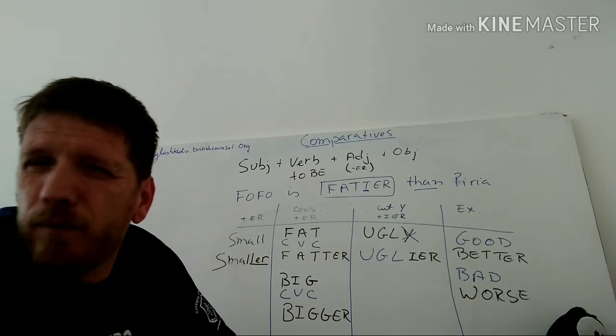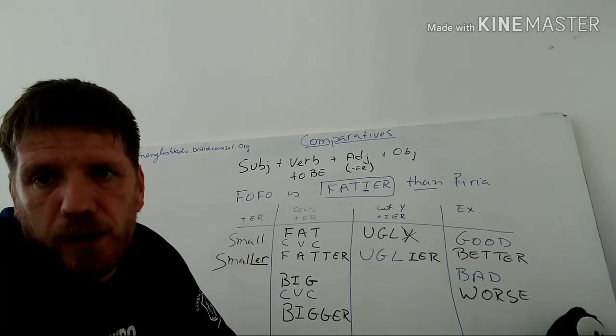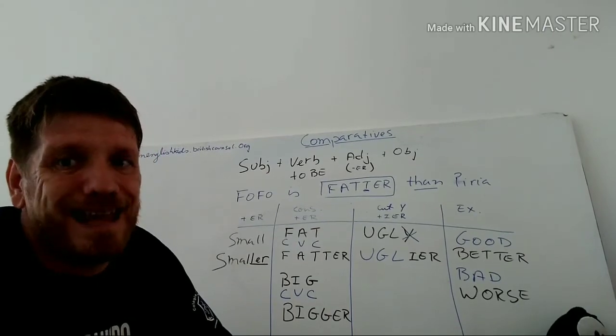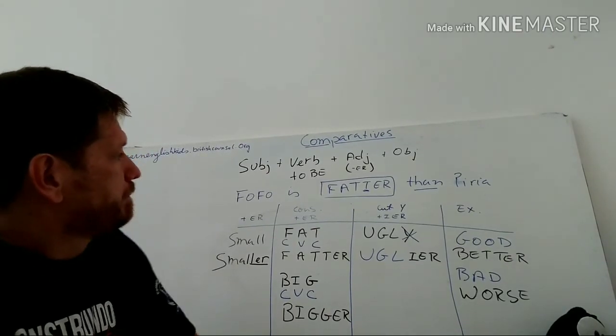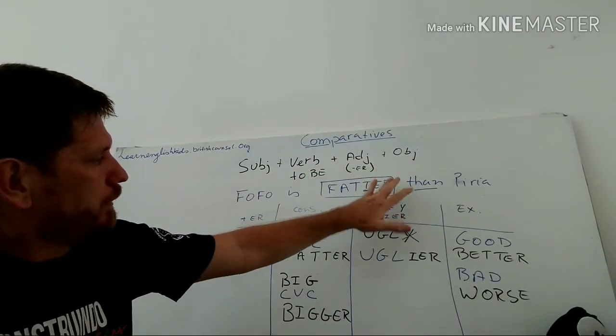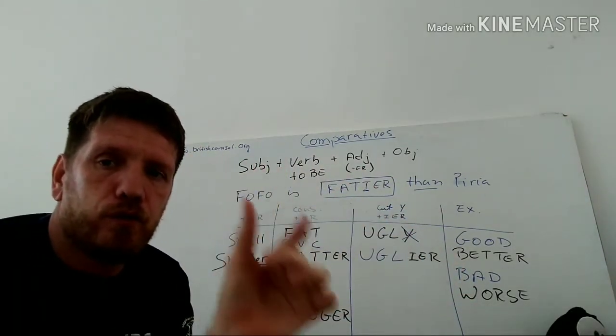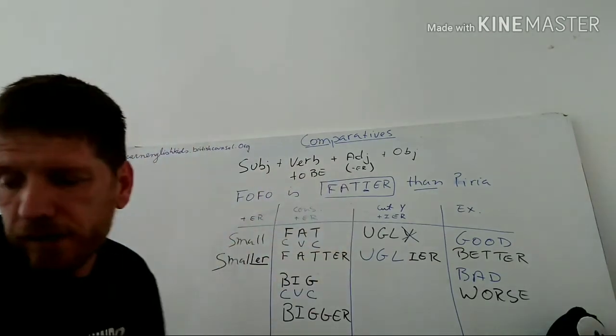It will also come up with superlatives, which is when we compare three or more things, that you don't have to worry about now. Okay? So this is basically when we talk about small adjectives.